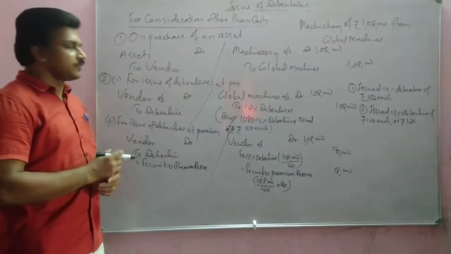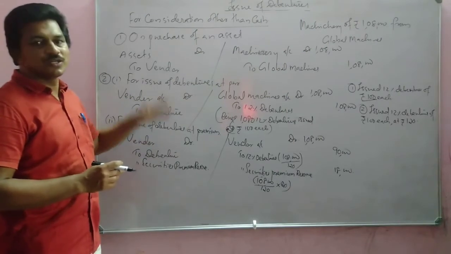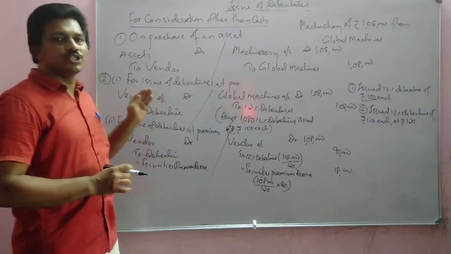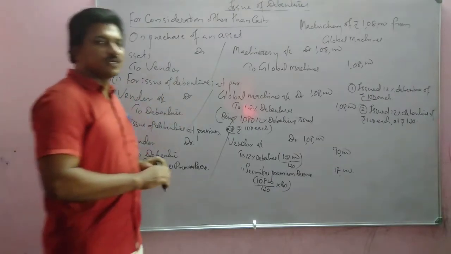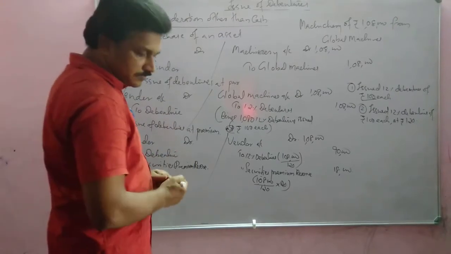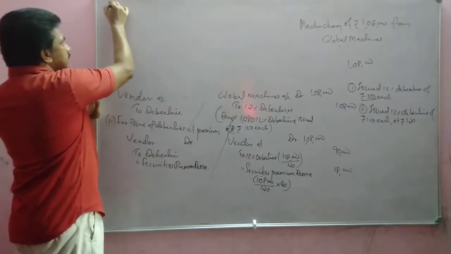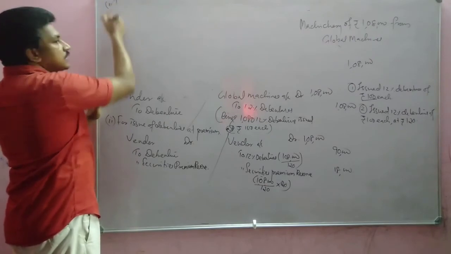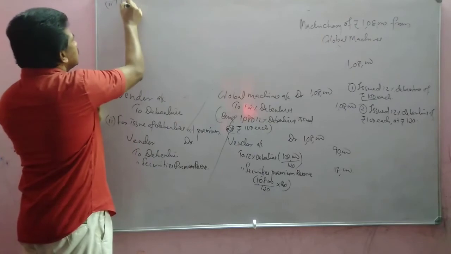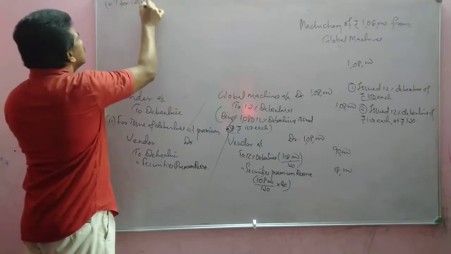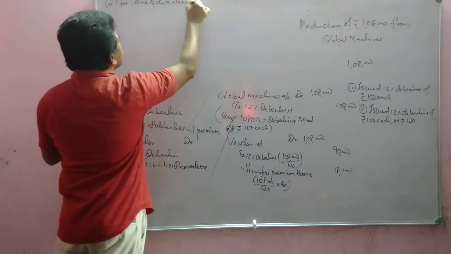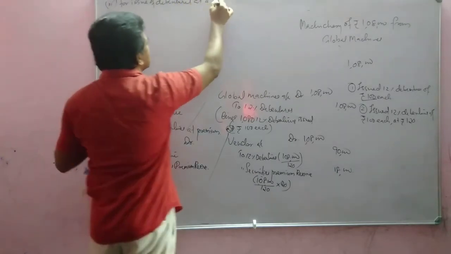So that is the way of writing journal entry when it is issued at a premium. Then let us see when the debentures are issued at a discount. That's what next we are going to see, the last topic. So the third case, for issue of debentures at a discount.